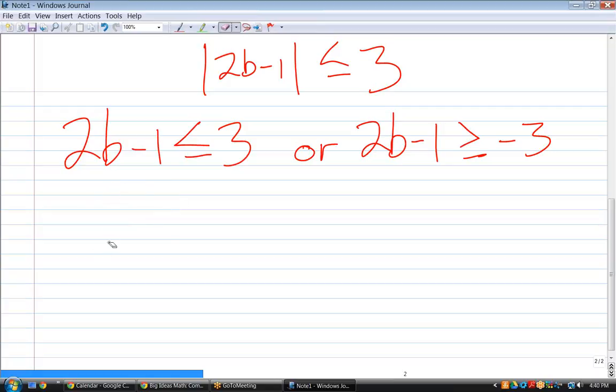Let's solve each one of these. In other words, we ended up with two inequalities based on that absolute value inequality. Okay. And we have to solve each one. So let's solve this one over here. Okay, so you would get b is less than or equal to 2, right? Uh-huh.